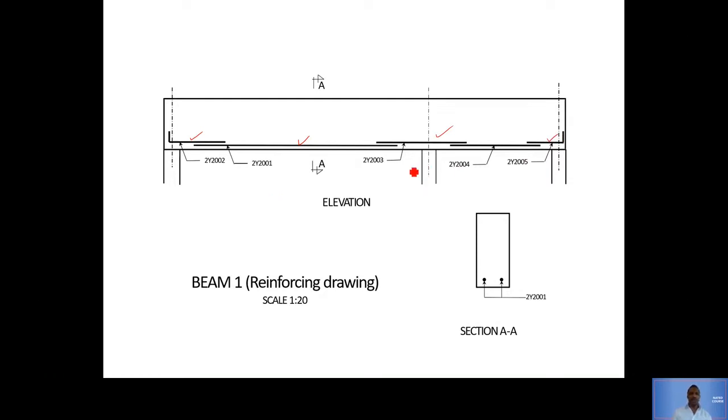What I want you to notice is that the main bars go in the middle of the beam, and then these other ones that go slightly on top of them, they go on top of the columns. Okay, as you can see, we've got a column at the end, and then we've got another column in the middle somewhere there, and then we've got another column there.